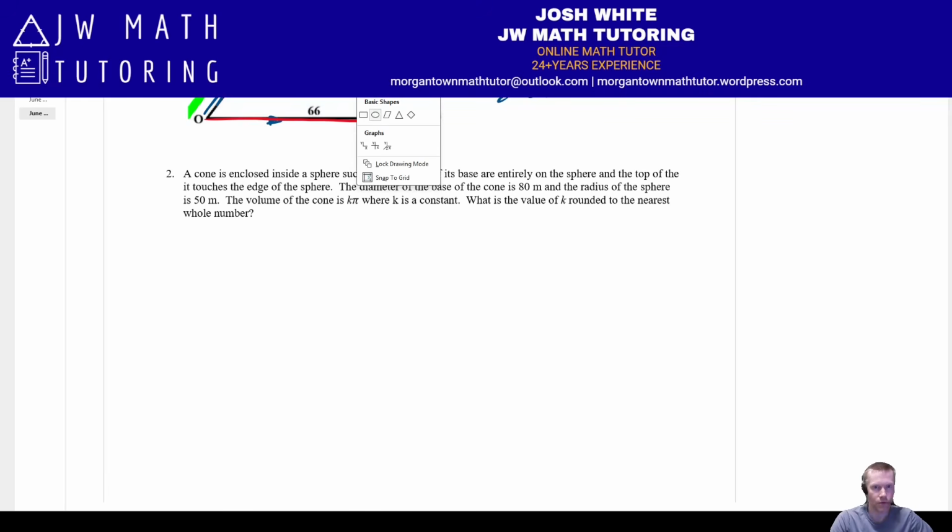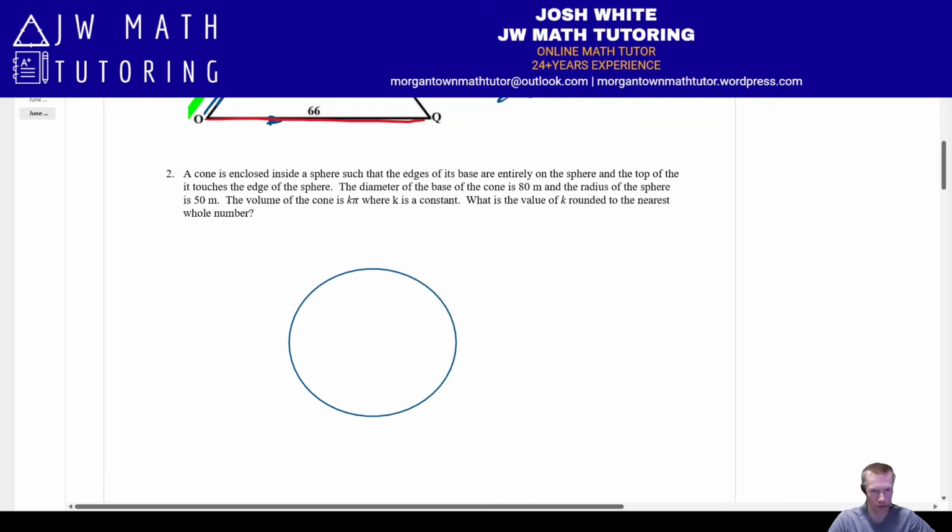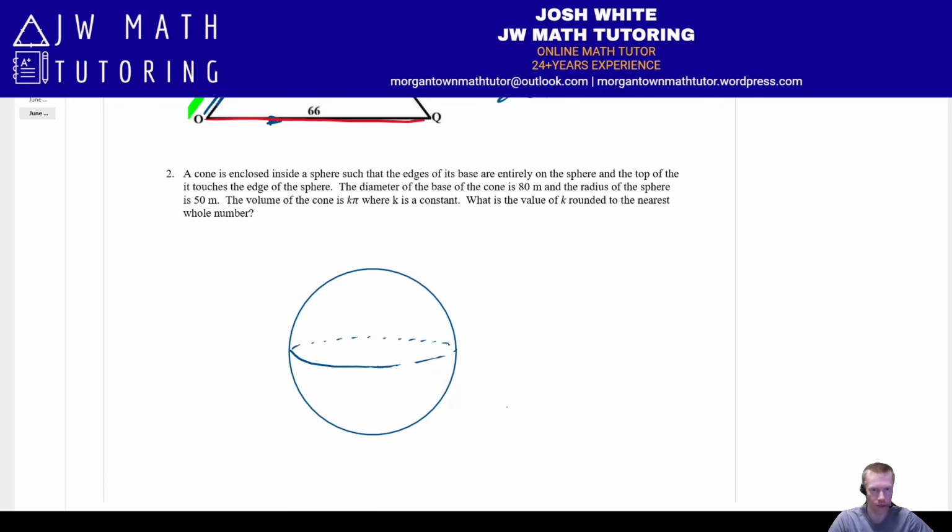So essentially what's going on here is we have a sphere. Now this is going to basically be a circle, but I'll make this look three-dimensional by doing this right here. Okay, we have a sphere, we have a cone, and the cone has its base, which is a circle, essentially cutting off the sphere, but ending right at the edge of the sphere.